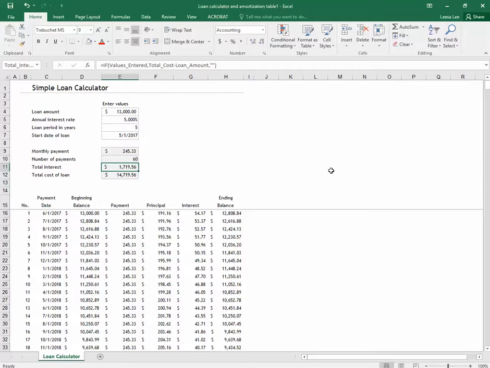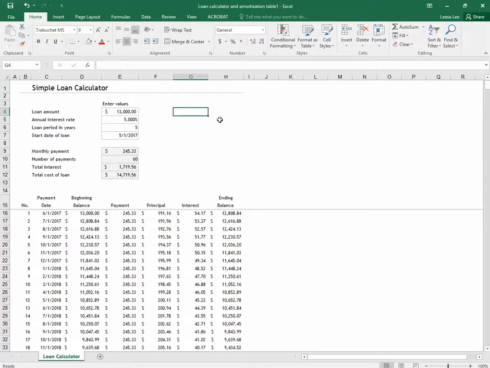Now remember I mentioned that you were able to get a loan for 90% of the cost of the car. So we put in $13,000, but really we can only get a loan for 90% of $13,000. Just over here on the side, we're going to click into a cell and make that calculation so we know what 90% is.